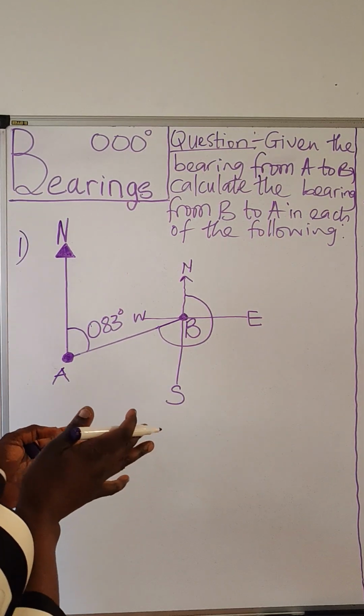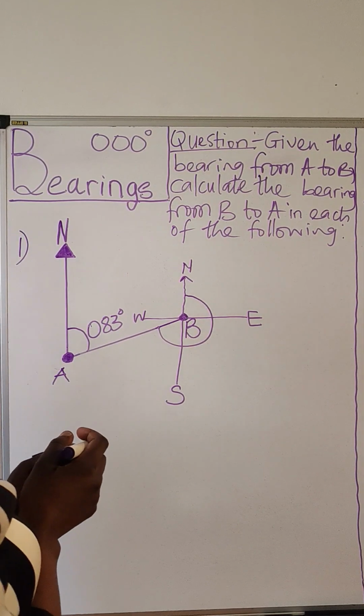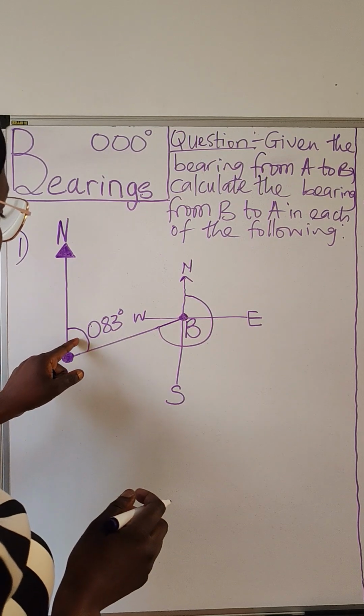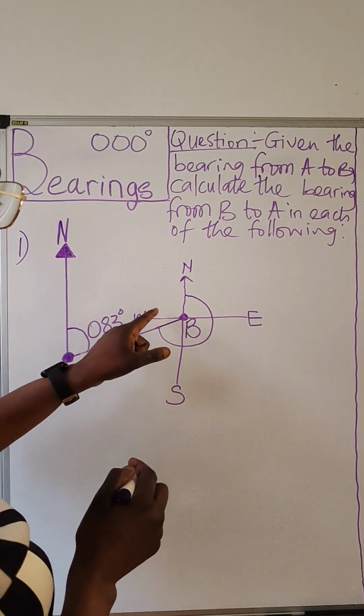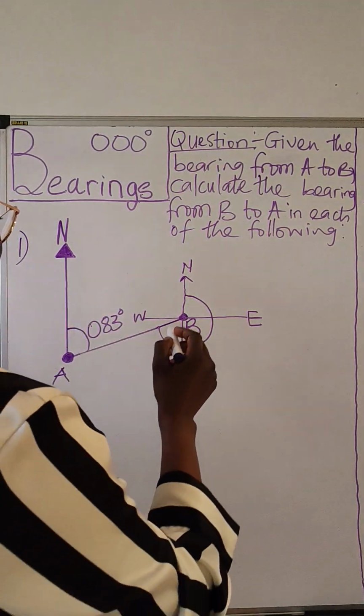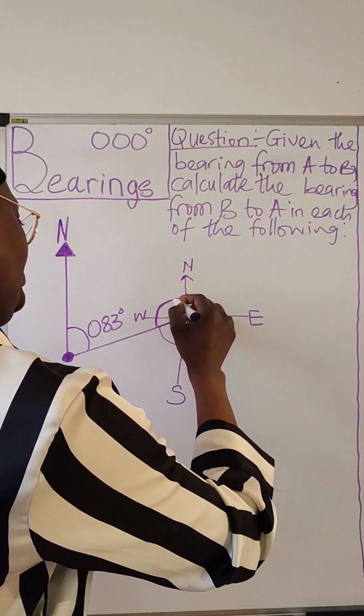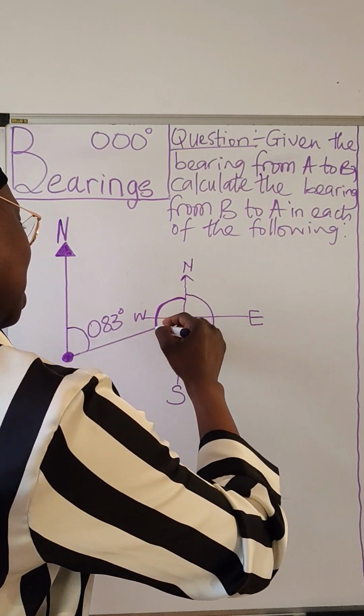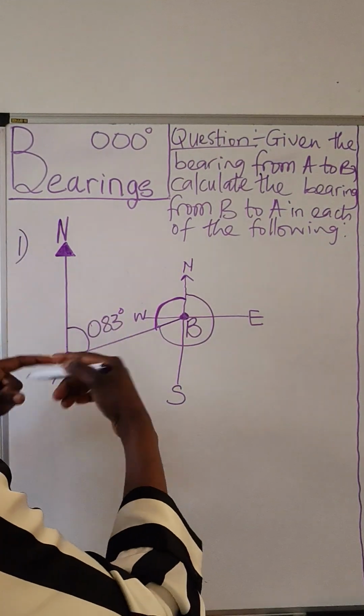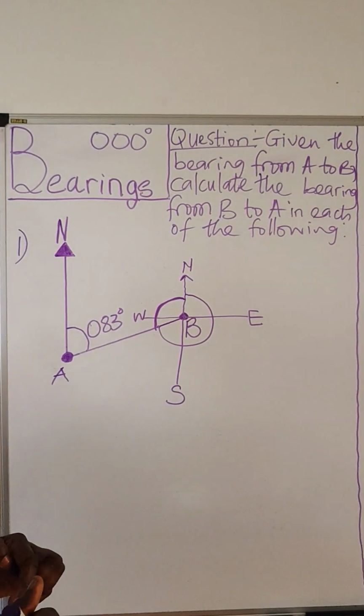The first one is trying to use the co-interior angle, which is the angle here. Using the co-interior angle, it adds up to 180 degrees.